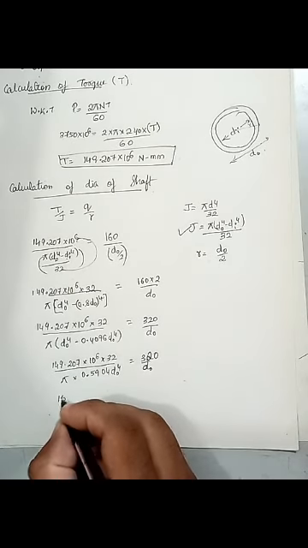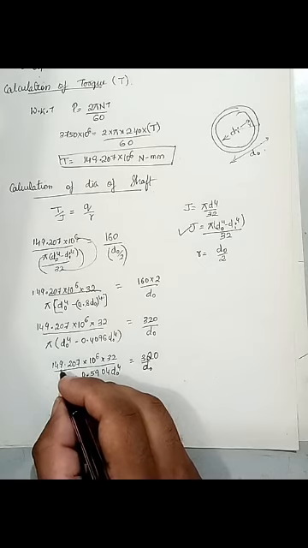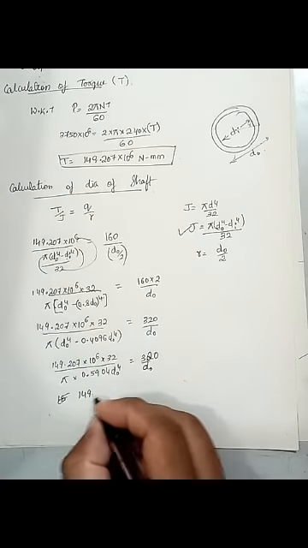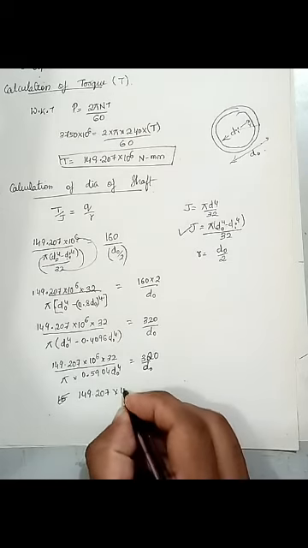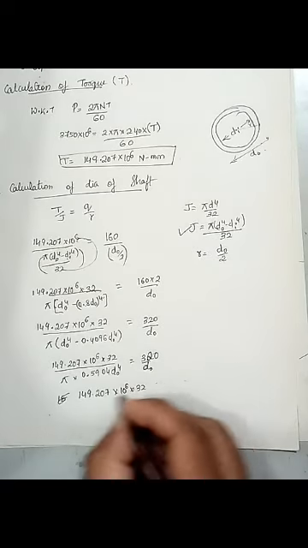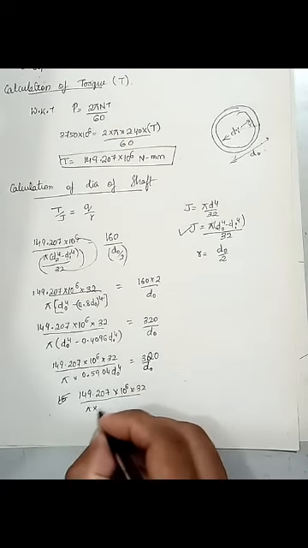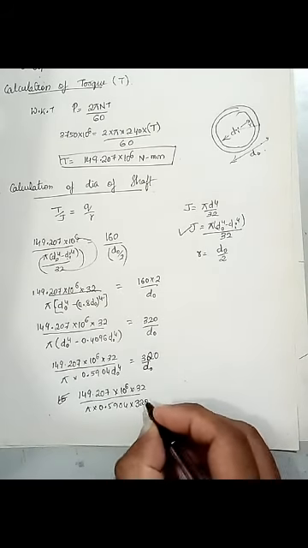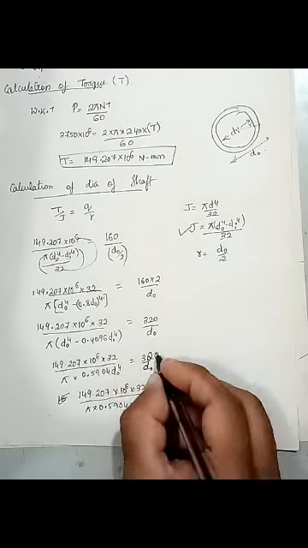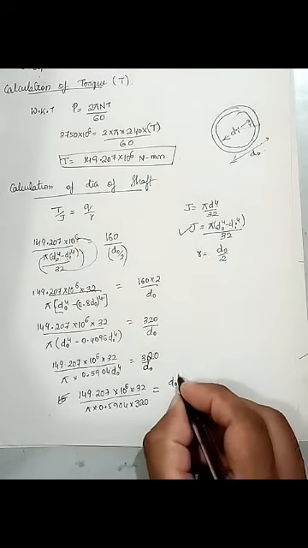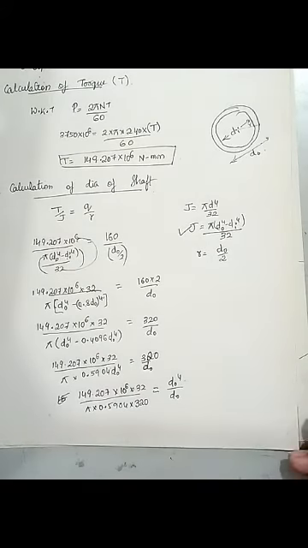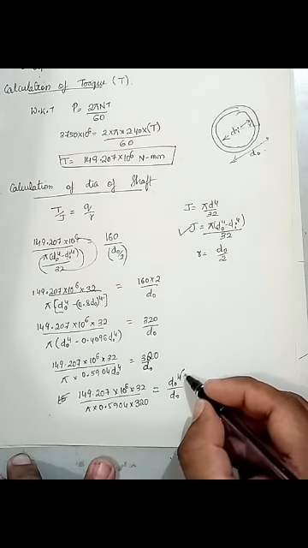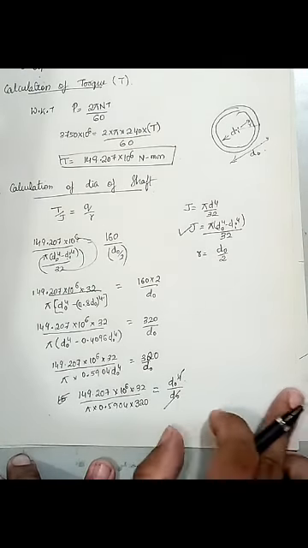So 149.207 into 10 to the power of 6 into 32 divided by pi into 0.5904 into 320 is equal to, 320 is brought here, this I'll take on the other side, do raised to 4 divided by do. So now here one do cubed remains and the rest cancels.